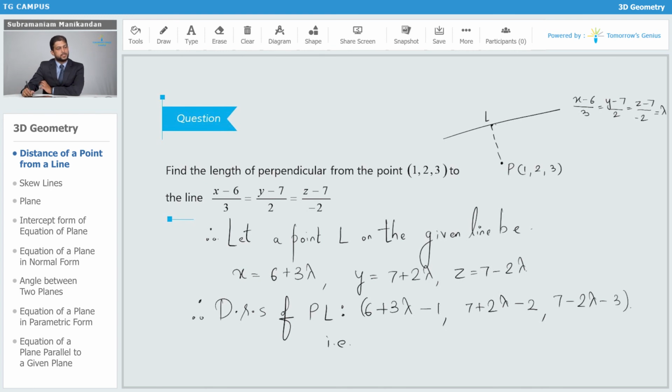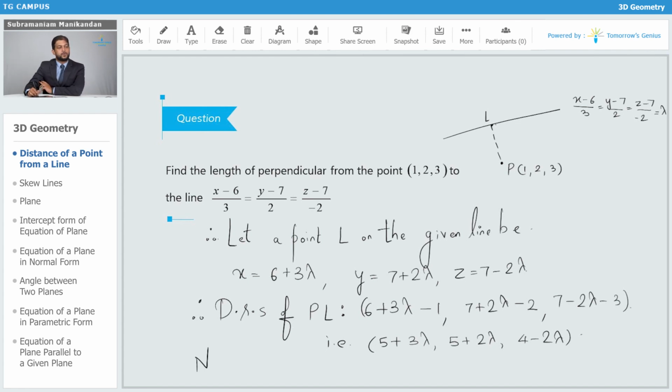That is, they will be proportional to 5 plus 3 lambda, 5 plus 2 lambda, 4 minus 2 lambda. So the direction ratios of PL are this, and the direction ratios of the line to which it is perpendicular are proportional to 3, 2 and minus 2.